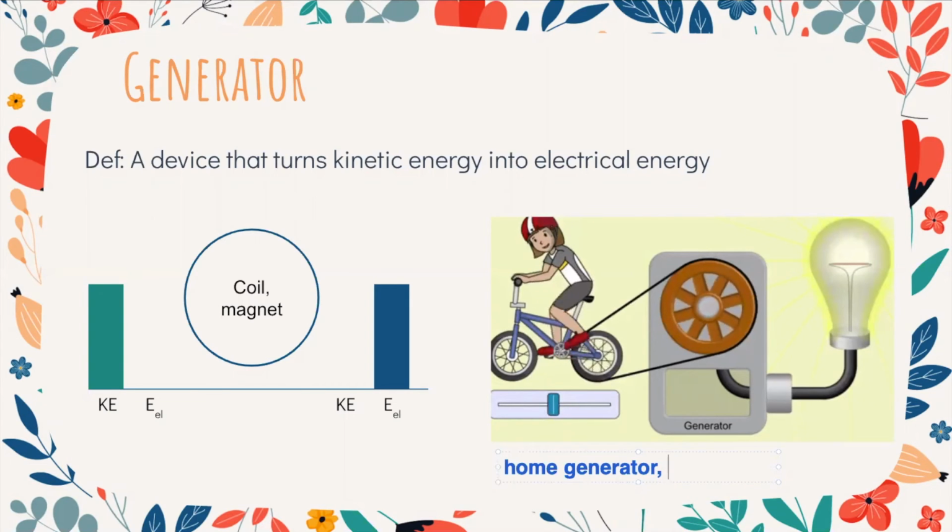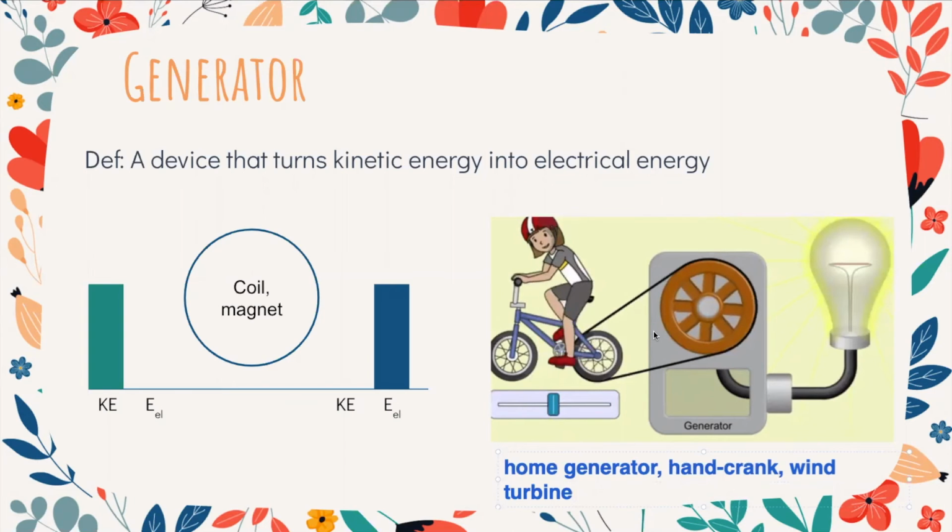It has kinetic energy from the movement of the engine that turns into electricity for your home. This could be a hand crank generator where you spin the crank and it turns on a light bulb. This could even be a wind turbine. This could be something where the wind turns a turbine that turns a generator that turns on a light.